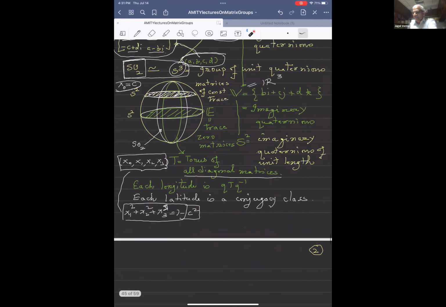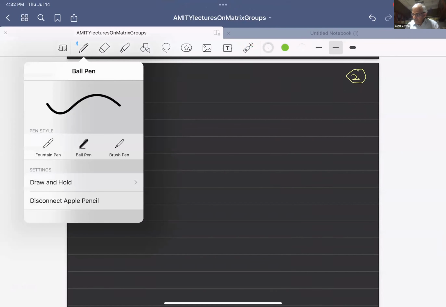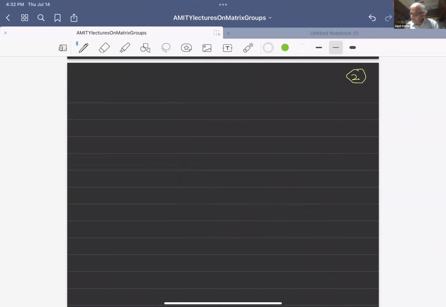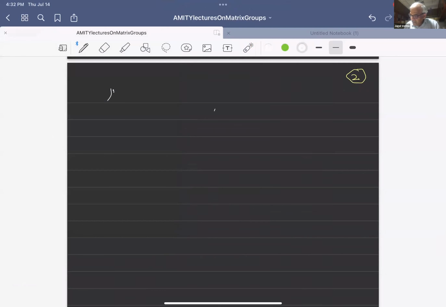So let us now start proving the various parts. First topic: keep this big picture in mind. We have the algebra of quaternions R4, consisting of a plus bi plus cj plus dk, where a, b, c, d are real numbers.